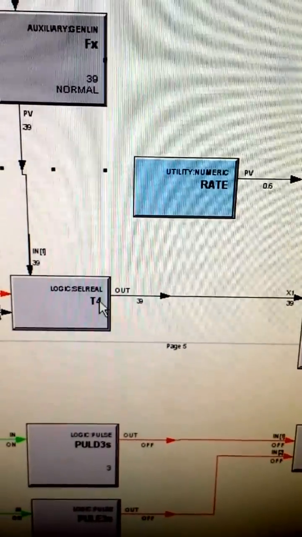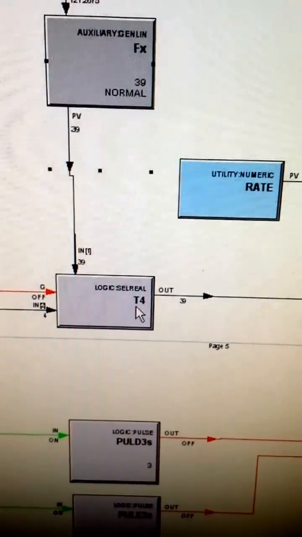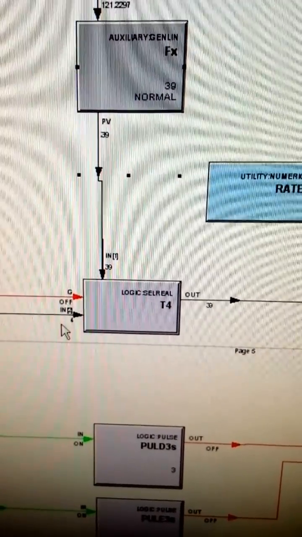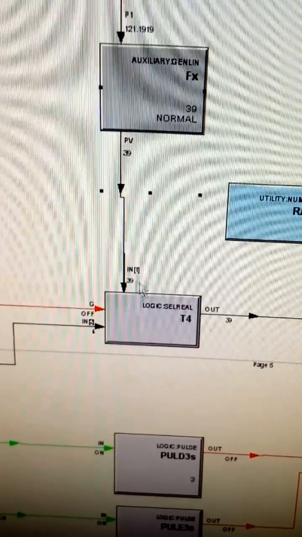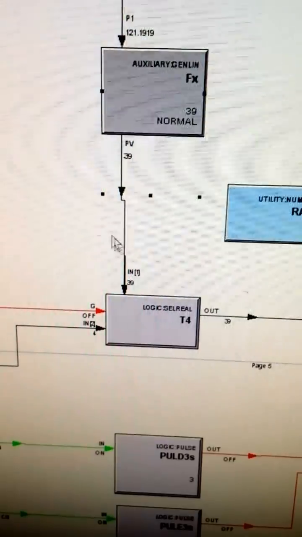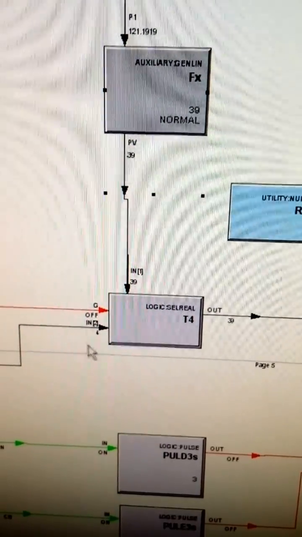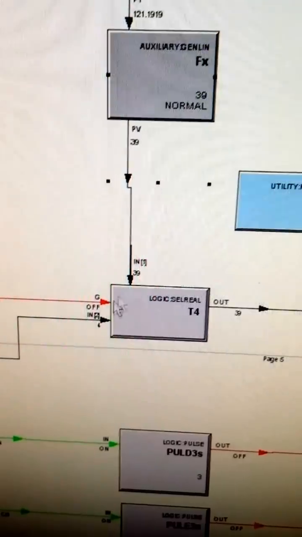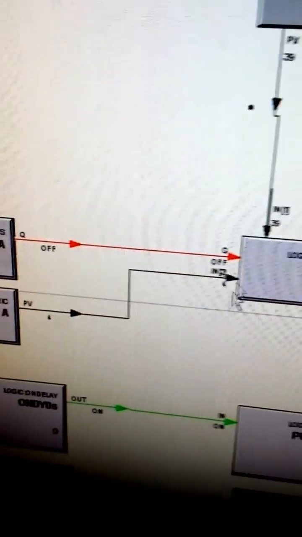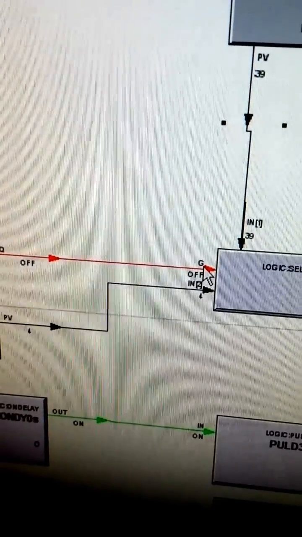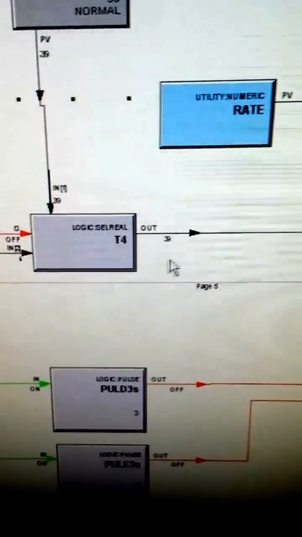So here is another transfer switch. There are three line inputs. So the output would be selected from input number 1 and input number 2, the 39, and this is a fixed value of 4. This G will determine which particular input becomes the output.